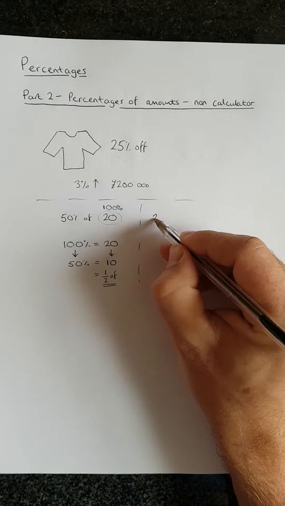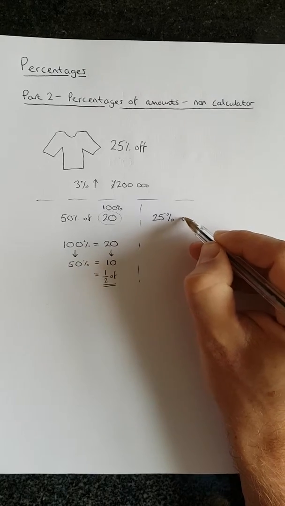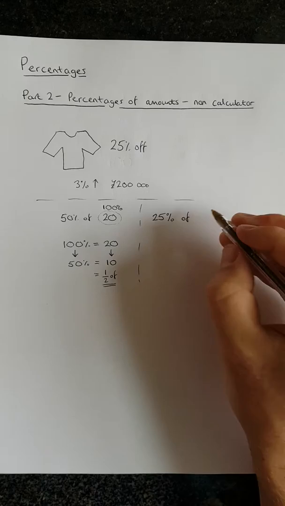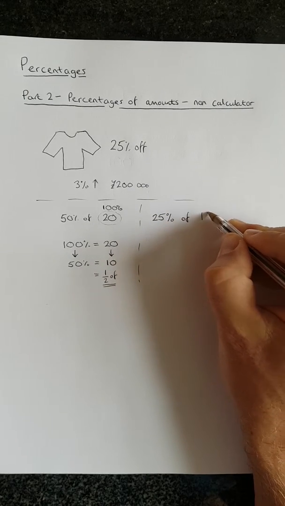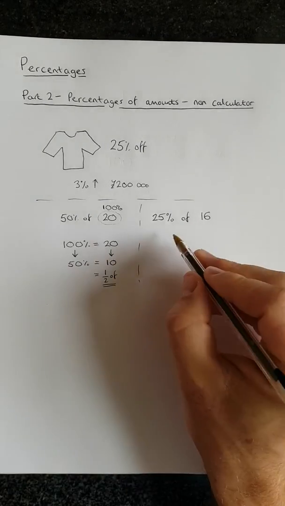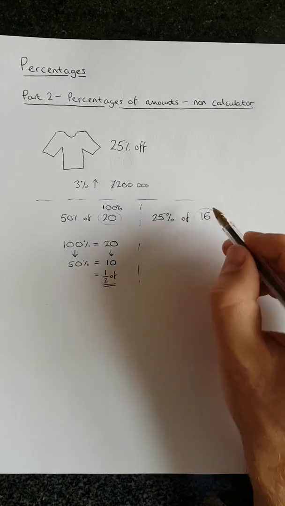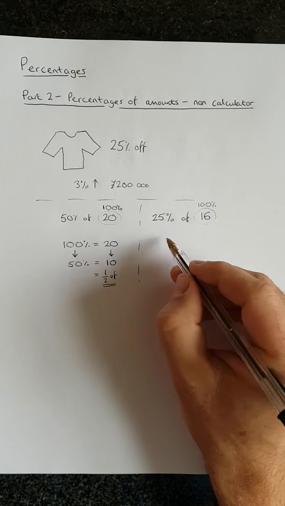Let's try another popular one, and you'll see why I've chosen this very quickly. 25%. And in this case, I'm going to make it 25% of 16. So I'm going to set up in the same way. In this case, 16 is the original amount. So that is 100%.